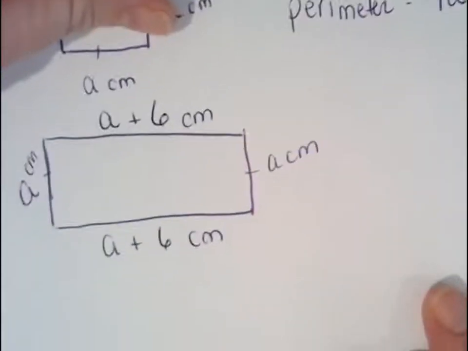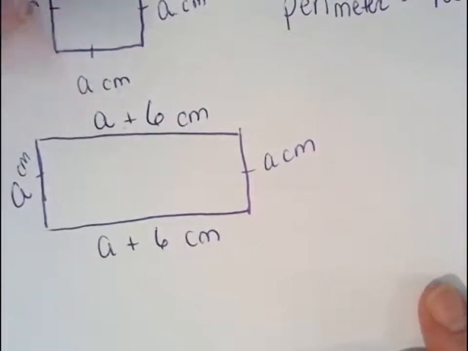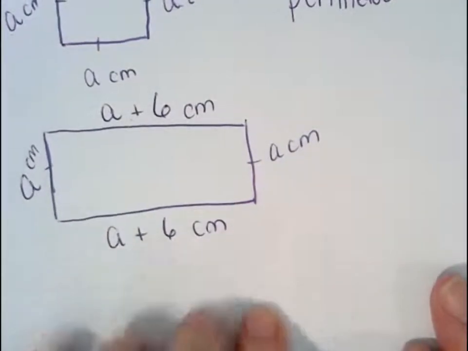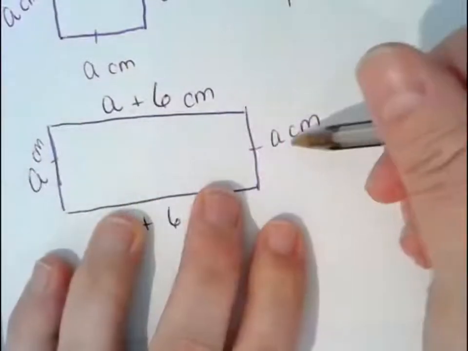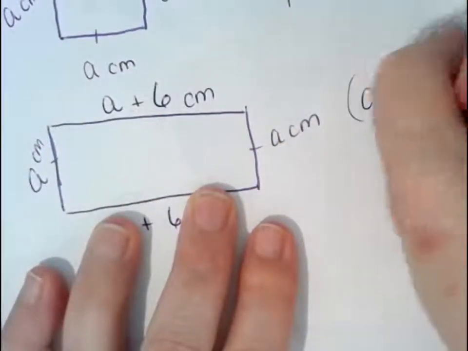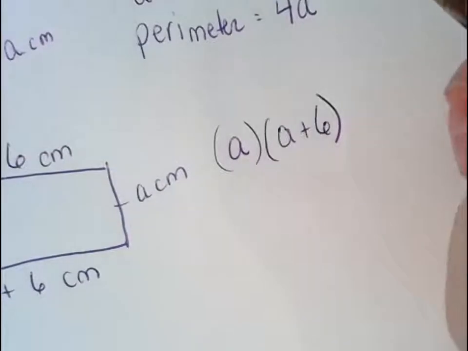All right, now let's look at our rectangle. So again, area is length times width. So the length times the width of our rectangle is going to be A times A plus 6. That's going to be our area.